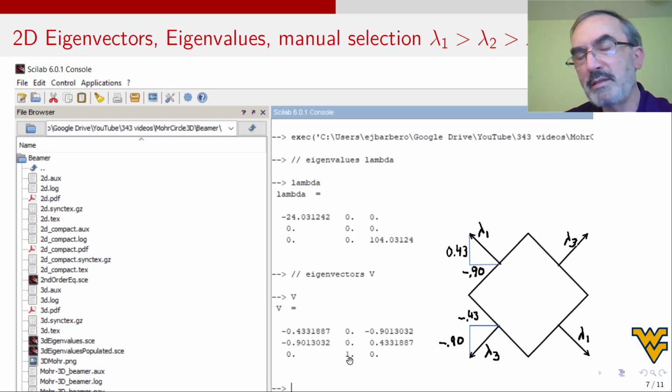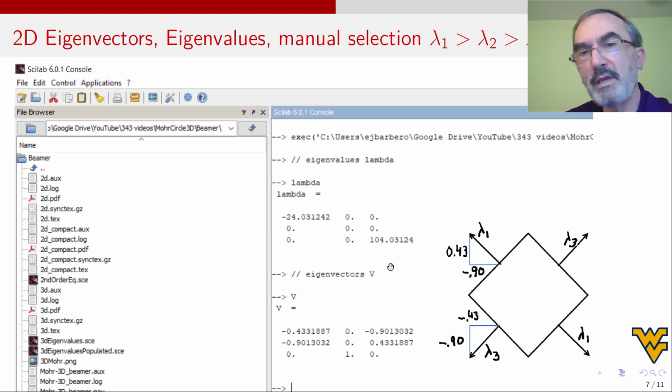The fact that this one is in position 3 means it is pointing in the z direction, coming out of the screen, right here in the middle of this square. So the stress is 0 because sigma z is 0, in the direction coming out of the screen, because that's the direction z.